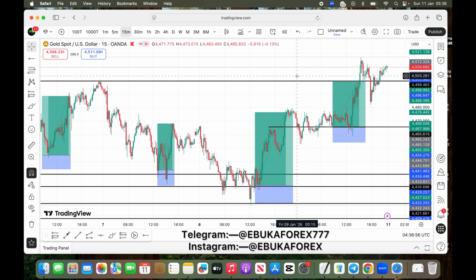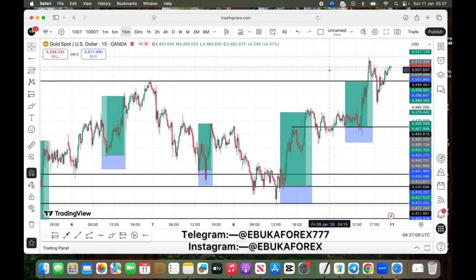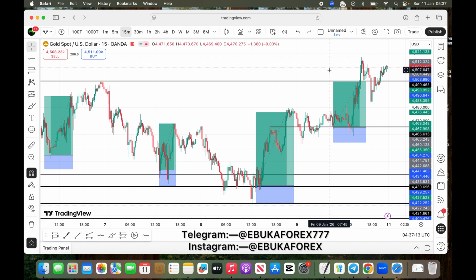But then for you to be able to get the overall market structure, you must start with the higher time frame, probably your weekly time frame or the daily time frame as well.